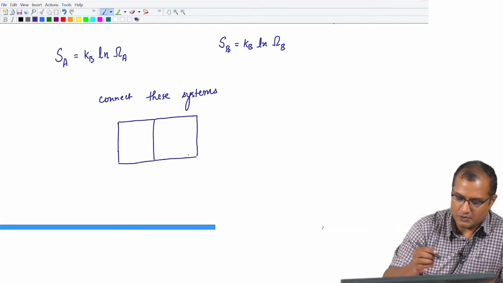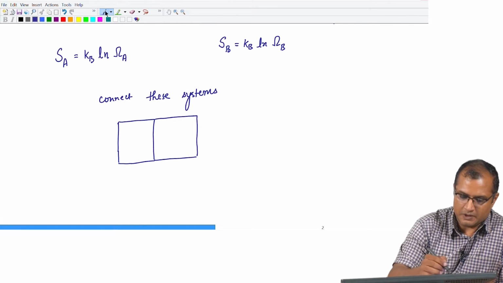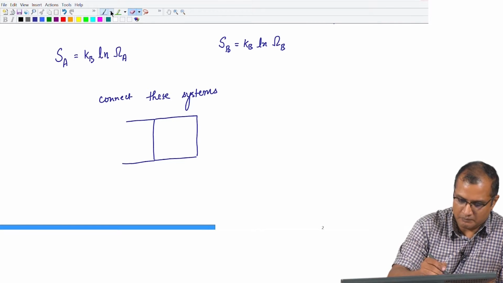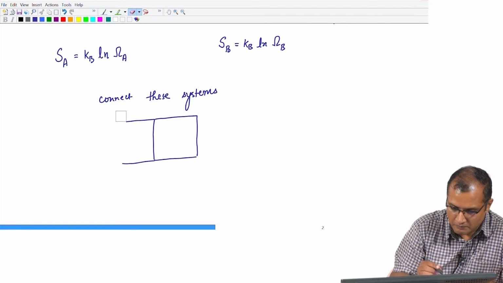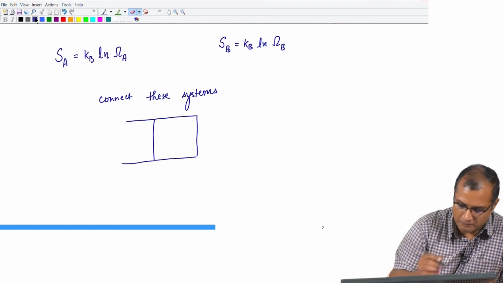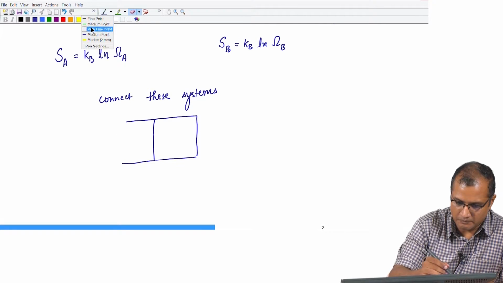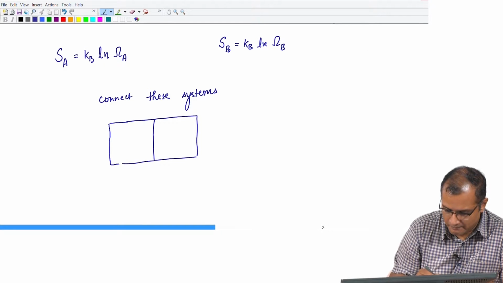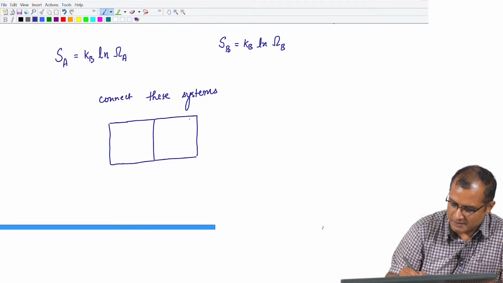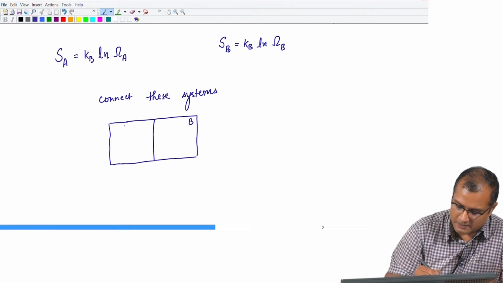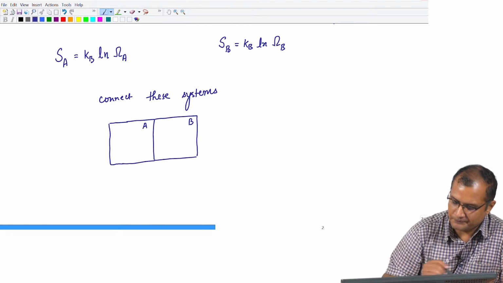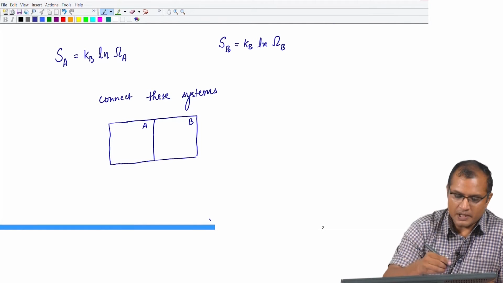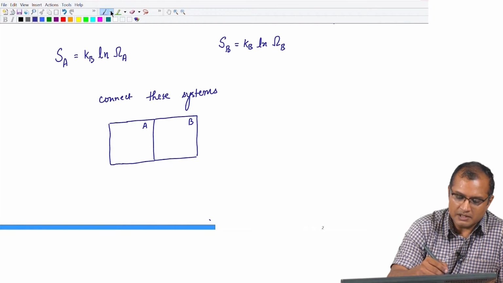So, this is my system B and this is my system A. I have connected these two systems in such a way that systems A and B can exchange energy.